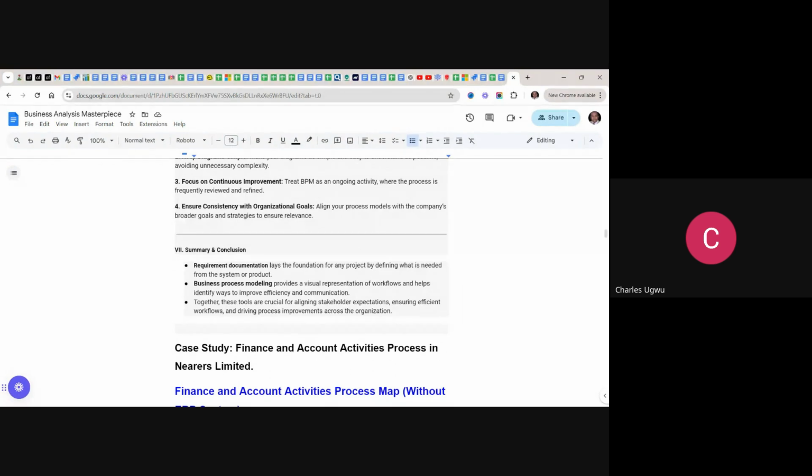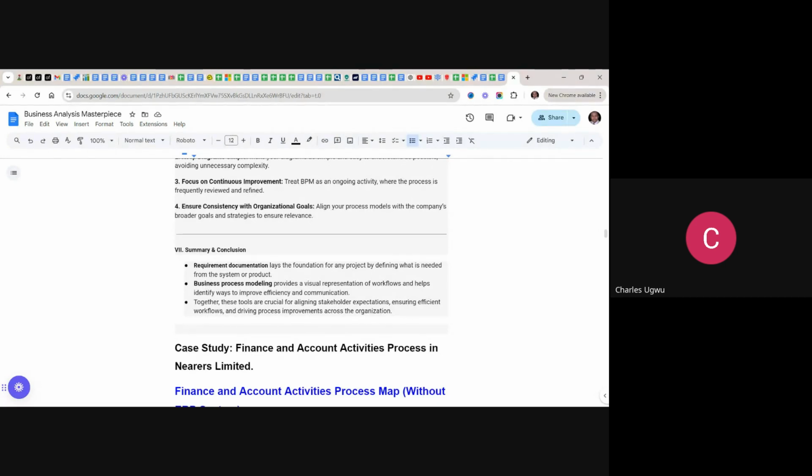And again, business process modeling provides a visual representation of workflow, and helps identify ways to improve efficiencies and communication. And these two techniques working together is very crucial for aligning stakeholders' expectations, ensuring efficient workflow, and driving process improvement across the organization.